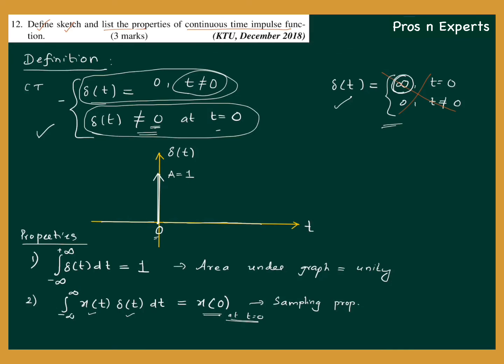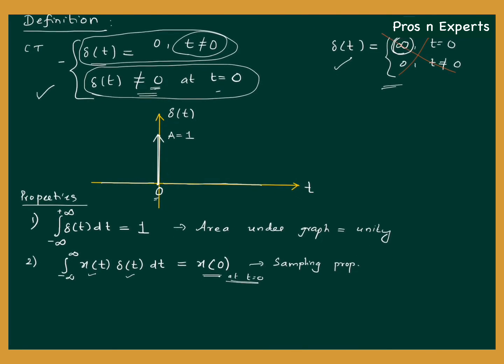Now there is one more property. The integral over minus infinity to infinity of x of t into del of t minus t0 dt is equal to x of t0.